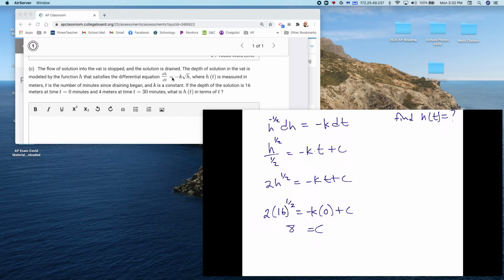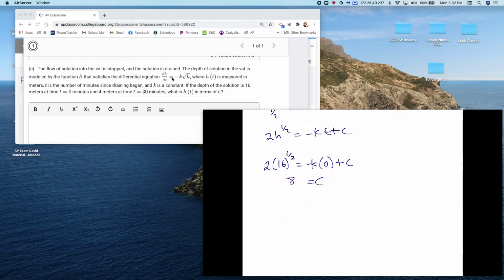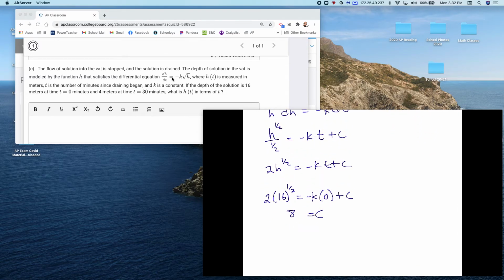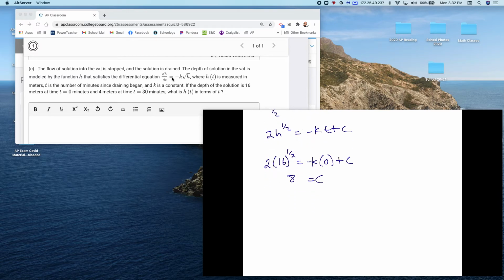Now we're going to use 30 comma 4 because that's our other initial condition. 2 times 4 to the 1/2 is equal to negative k times 30 plus 8.